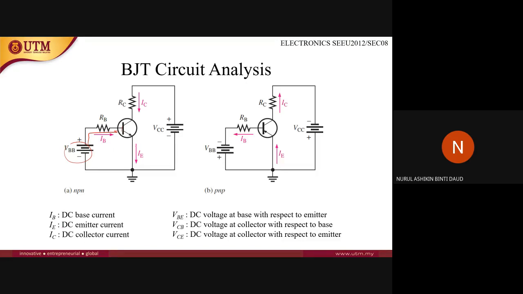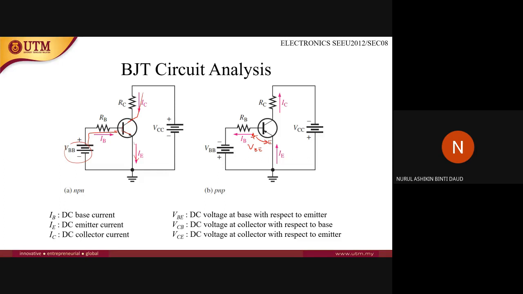IE is the emitter current, the current that flows from the emitter, and IC is the current that flows to or from the collector. So VBE is the voltage at base and emitter. At these two we call it VBE.